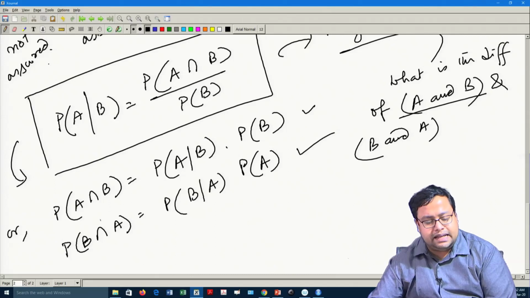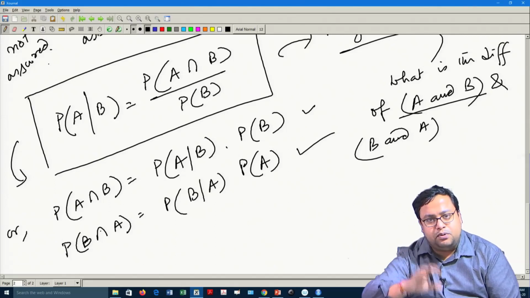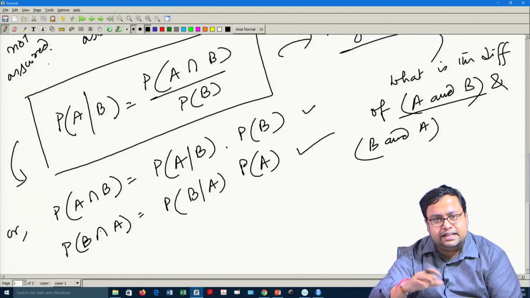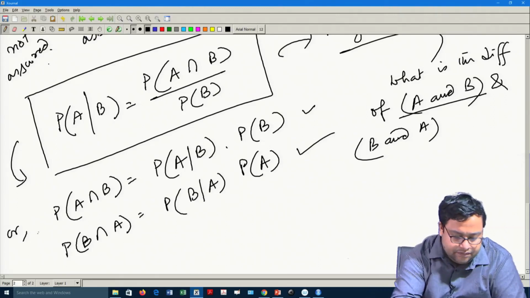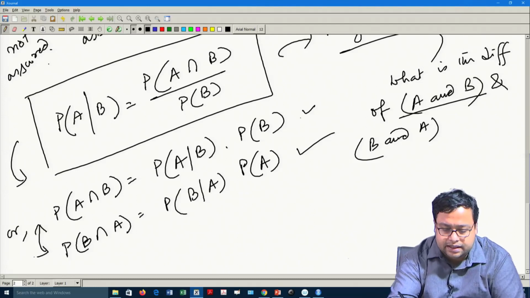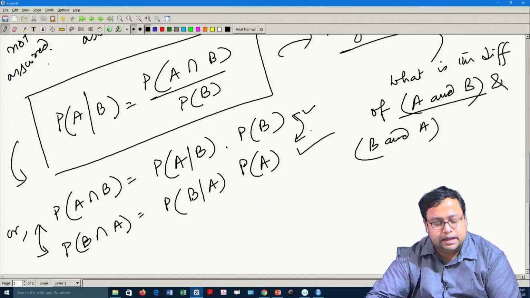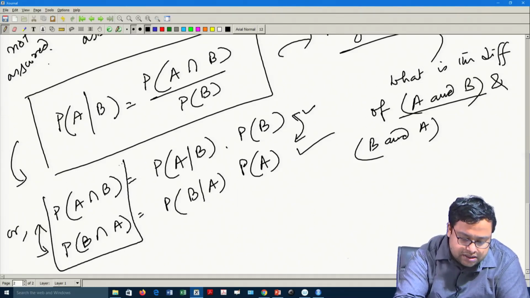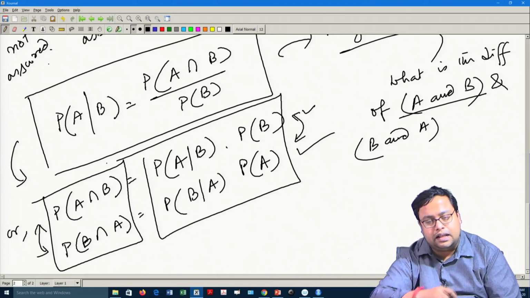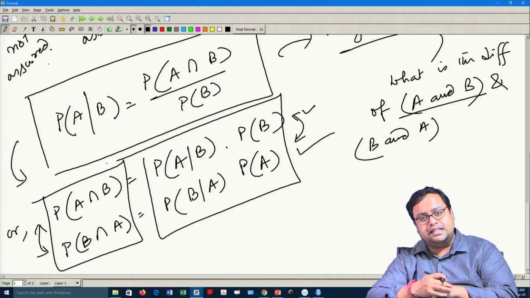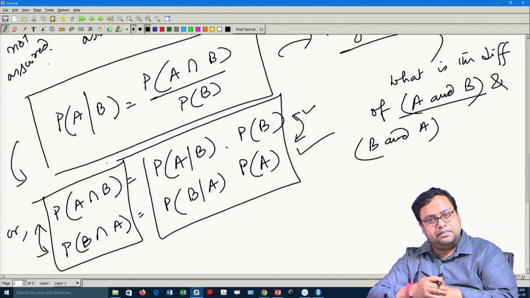And if I can replace A and B in their spaces, I put A on this side and B on that side. If these two are the same, then these two are also the same. If the right hand sides of these two equations are the same, then the left hand sides are also the same, and the other way around.